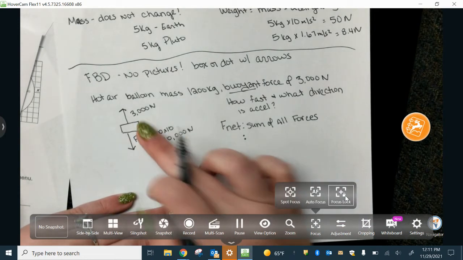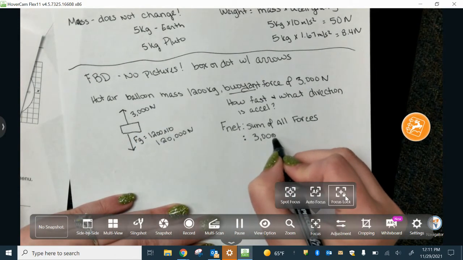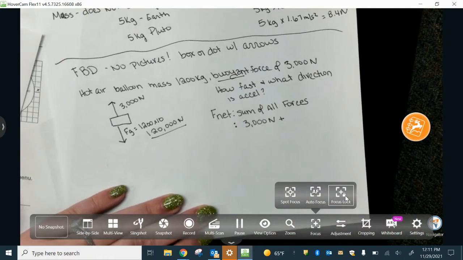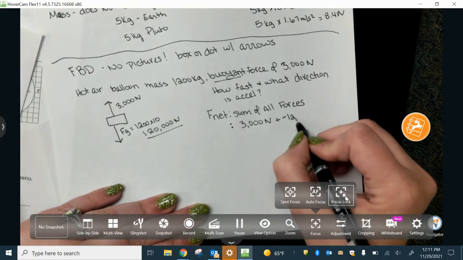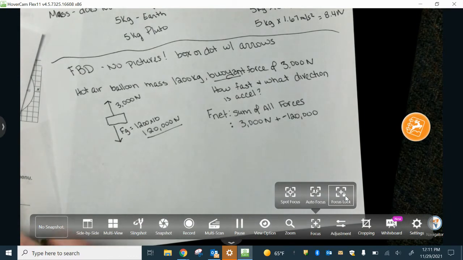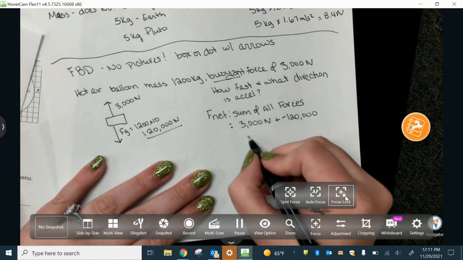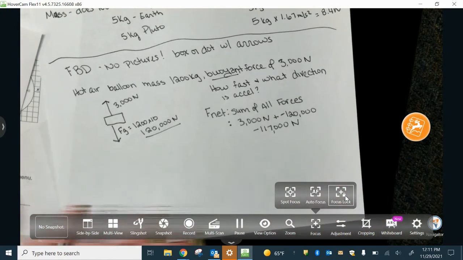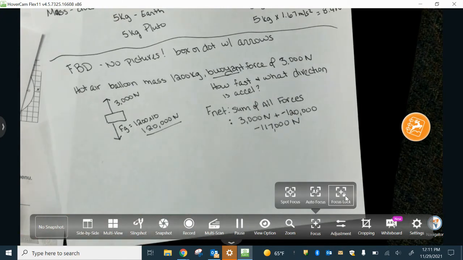So I have a 3,000 Newton force up plus 120,000 Newton force down. I'm making it down so it shows me that they're opposite directions. Which tells me that my total force is negative 117,000 newtons. This is not good if you're in that hot air balloon, I can tell you that much.